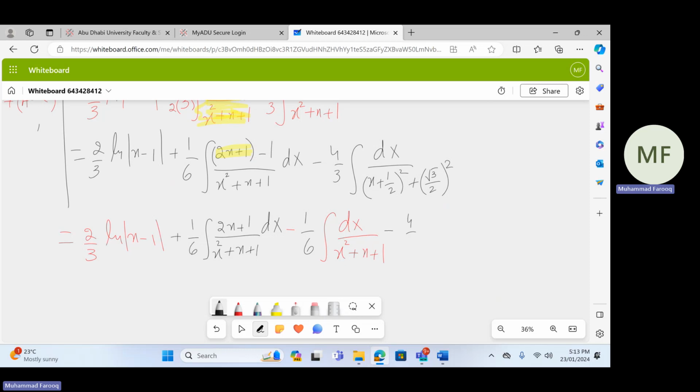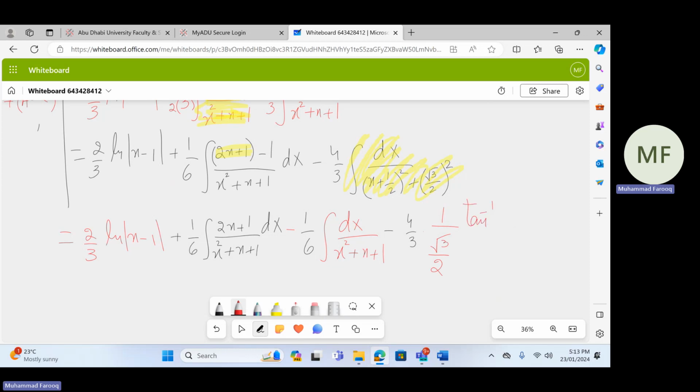Come on, this one, please. Minus 4 by 3. First of all, finish this one. I told you already, this is a squared plus u squared, which is tan inverse. How do you write the answer? 1 over a, tan inverse x over a.